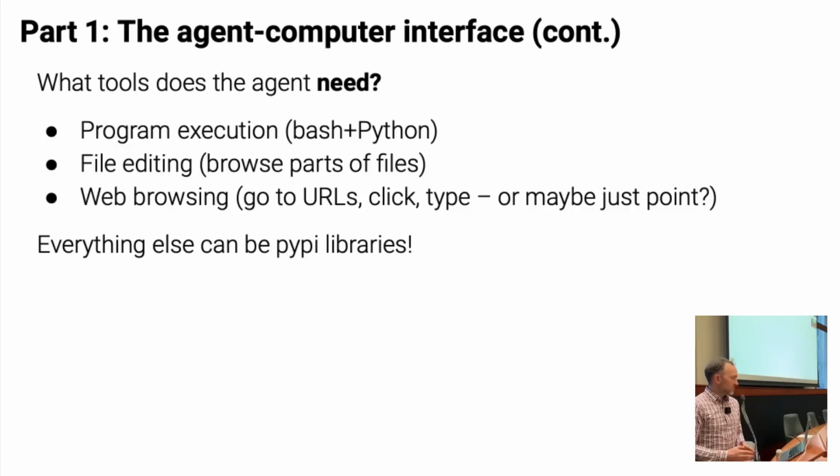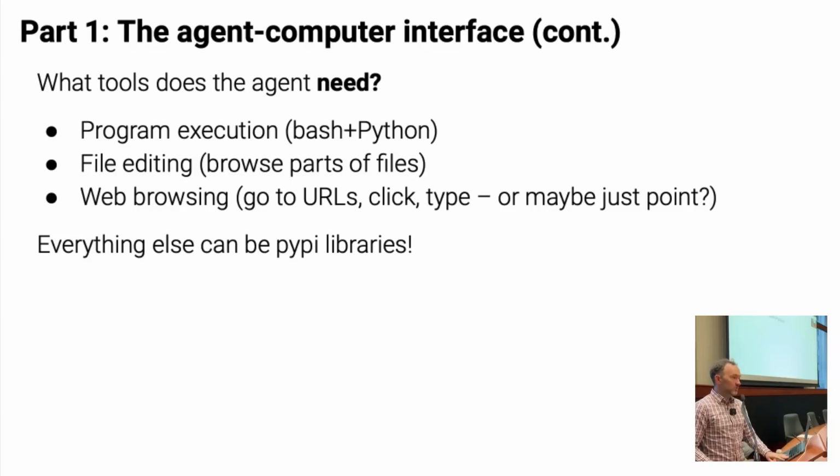Another part of this is what tools does the agent need? And I think this depends on your use case. We're kind of extreme, and we're only giving the agent 5 tools, or maybe 6 tools. And what are they? The first one is program execution. So it can execute bash programs, and it can execute cells in Jupyter notebooks.